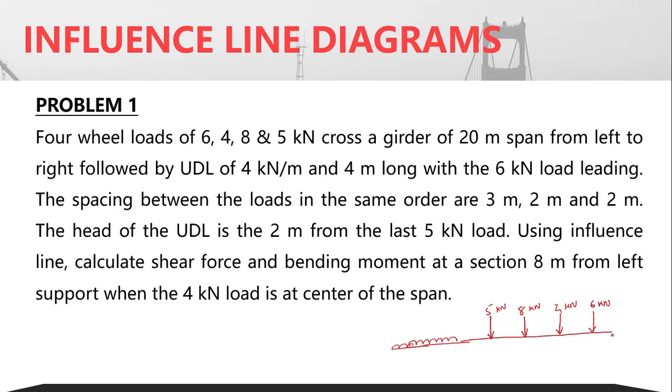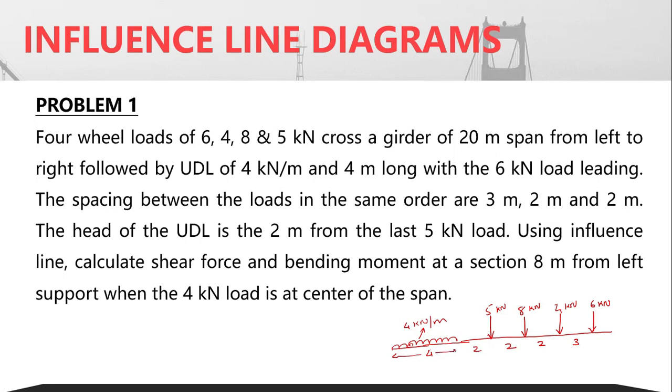So the distances are 3 meter, 2 meter and 2 meter, and the head of the UDL is 2 meter from the last 5 kN load. So this is 2 meter.